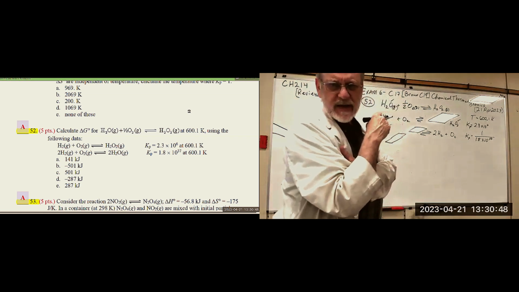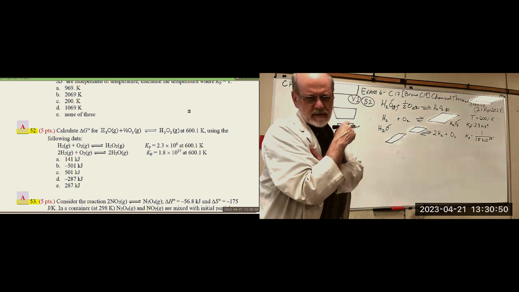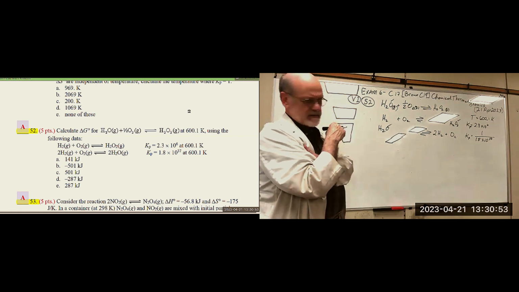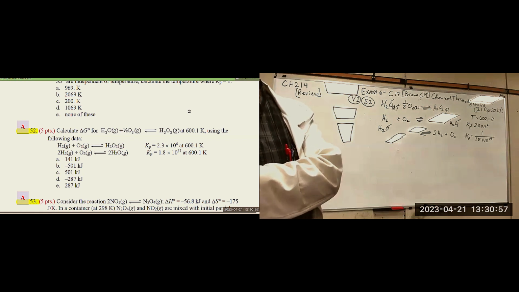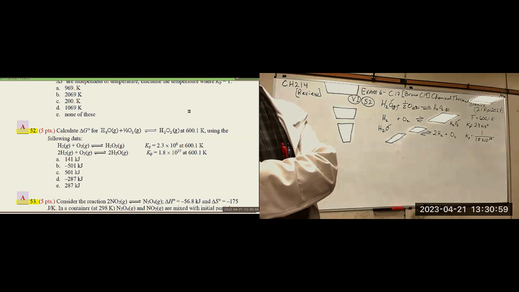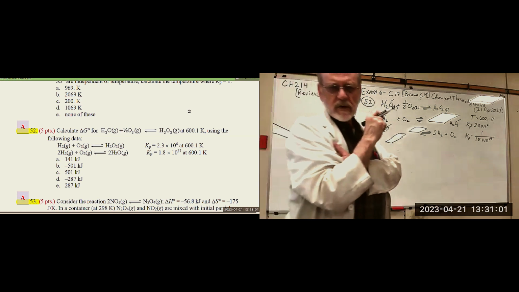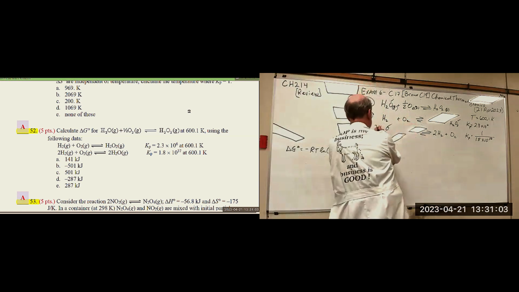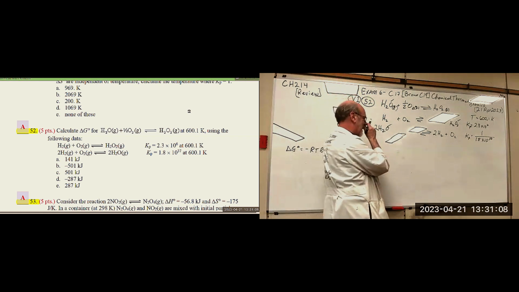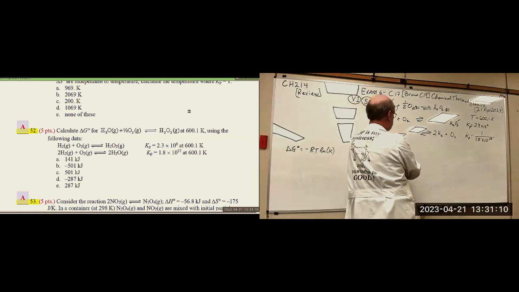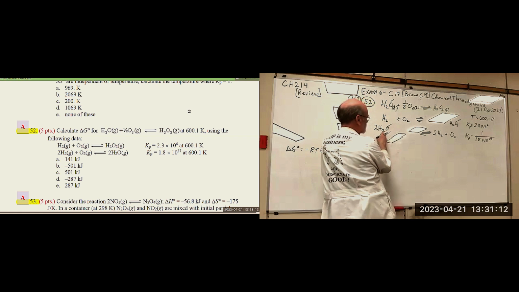How are we going to get rid of that hydrogen? Oh. You guys didn't say anything. So now we can take half of this.